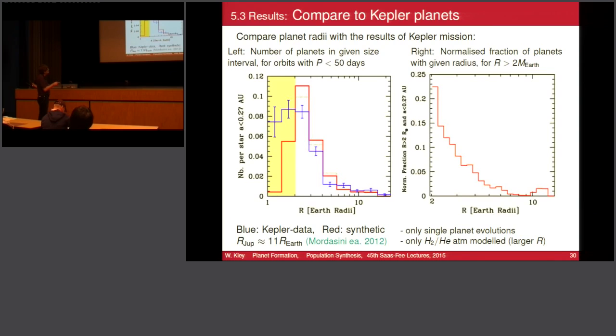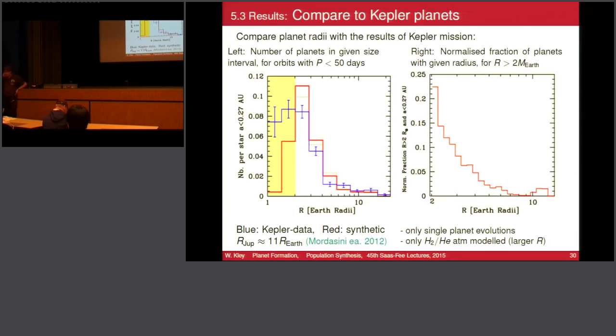I can comment on this, and this was a very similar diagram. You can see here for planets larger than 2 Earth radii, very good agreement. For planets smaller than 2 Earth radii, not such a good agreement. According to this paper, it seems the difference may be in the model atmospheres that have been used, which contain in the models only hydrogen and helium.